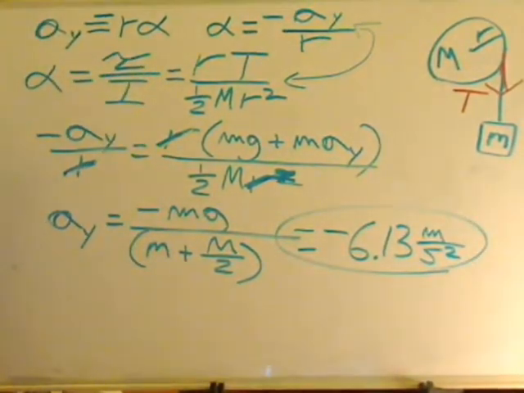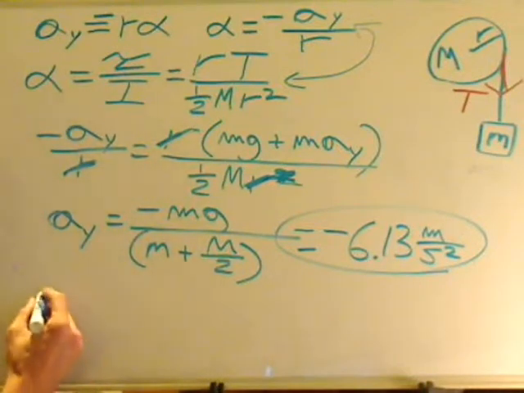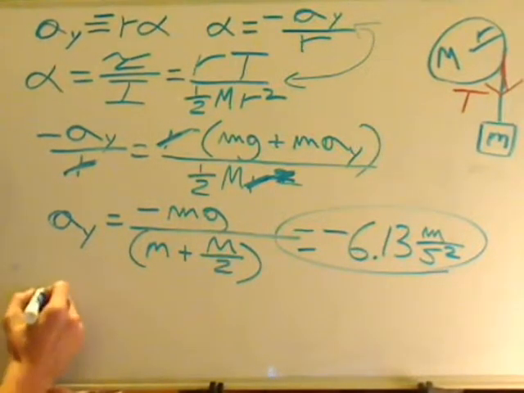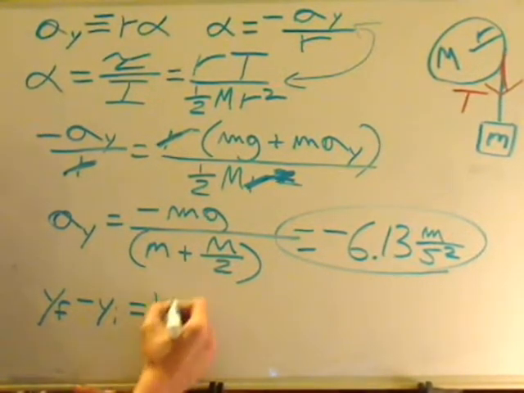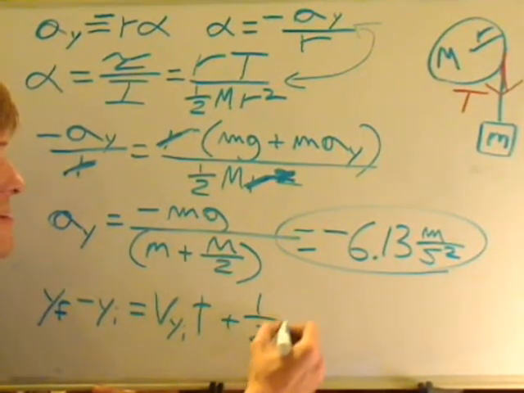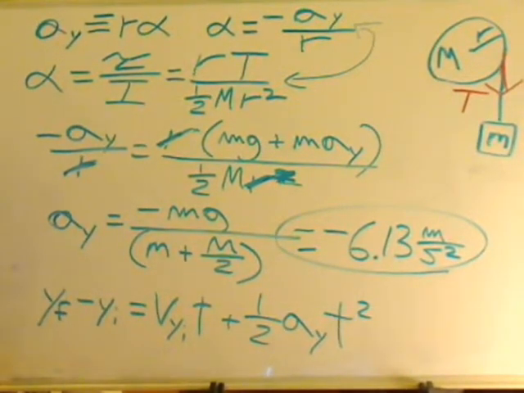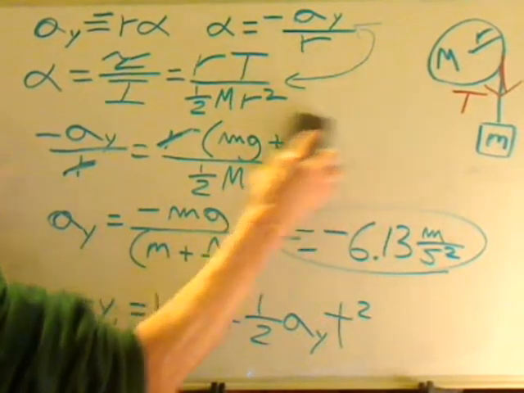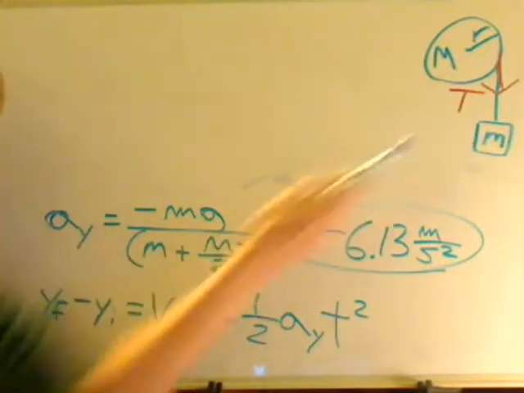Now to calculate the time, we need to utilize one of our kinematic equations going back to chapter 2. Recall there's this equation that says y final minus y initial is Vy initial times time plus 1/2 y acceleration times time squared. Now what's our initial y velocity for our bucket? It's 0. Our bucket starts from rest.